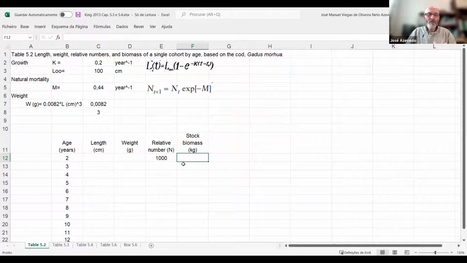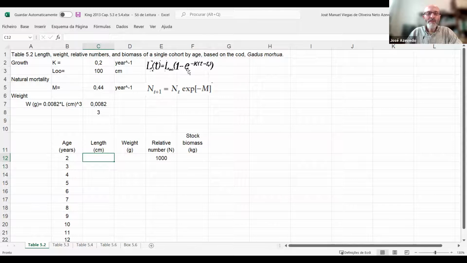So what you will have to do is just put the formulas that are here in your table. Let's start with length. The length of the fish at a certain time is given by the von Bertalanffy equation, by multiplying L infinity by an expression which is 1 minus e raised to the power of minus k t.